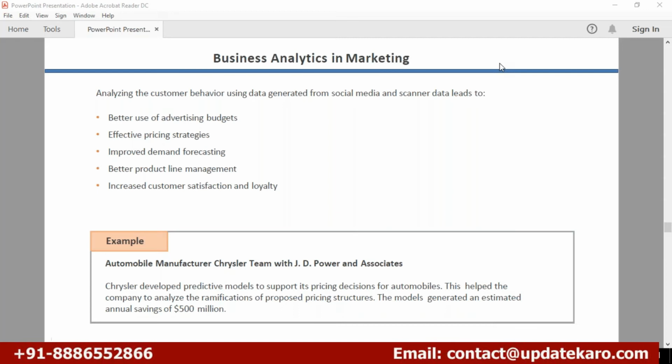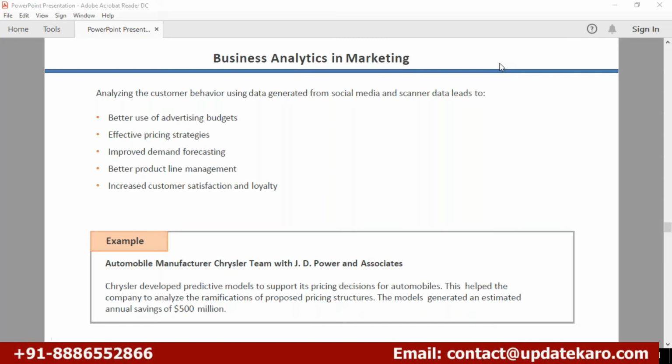If you see here, the first one says better use of advertising budgets. What are advertising budgets? How much a company should invest in advertising based on the historical data? Example, in the past 15 years, a company has been investing so much and it has got so much in sales.